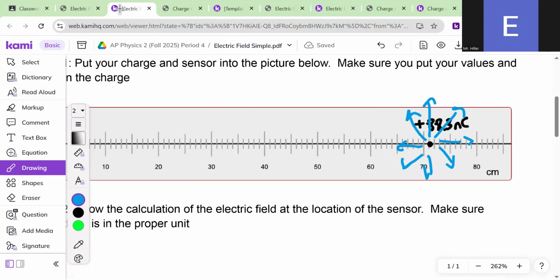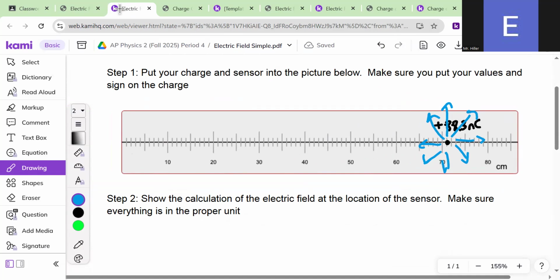The only direction I really care about is this direction right here, because you can see this would pass directly to the left through my sensor. Therefore, the direction of the electric field at that sensor is going to be directed to the left.